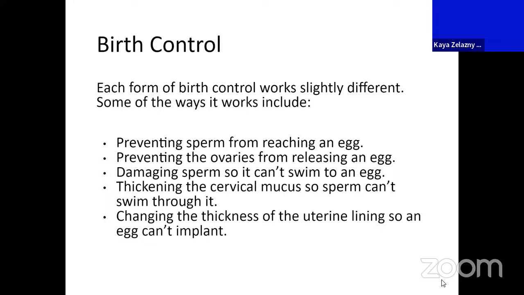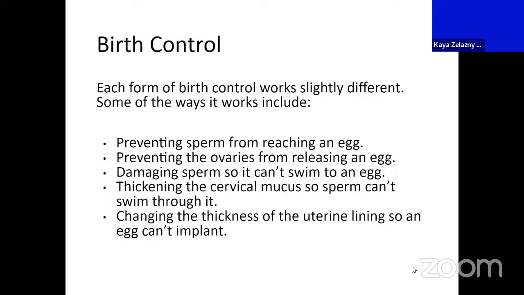thing that we can do with some forms of birth control is the cervical mucus that is changing through the course of the uterine cycle. We can trick the body into making that cervical mucus super thick, forming that plug that it does at the end parts of the uterine cycle because it thinks you could potentially be pregnant. If we thicken that up, maybe the sperm can't swim through it.